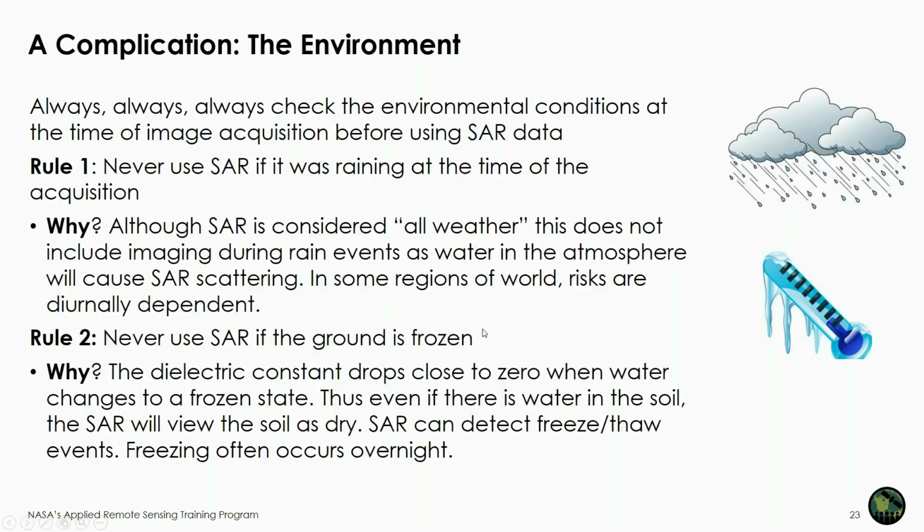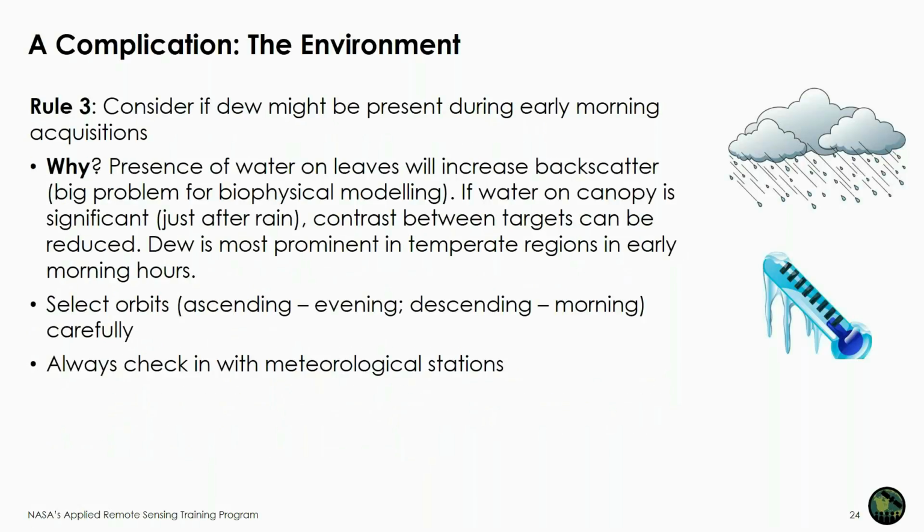The second environmental condition we should be aware of is freeze-thaw events. So we never want to use radar if the ground is frozen, and that's because the dielectric constant falls to close to zero when water changes to a frozen state. And that means that even though there could be water in the soil, the SAR would view that soil as being quite dry because the dielectric is so low. So SAR can detect freezing and thawing.